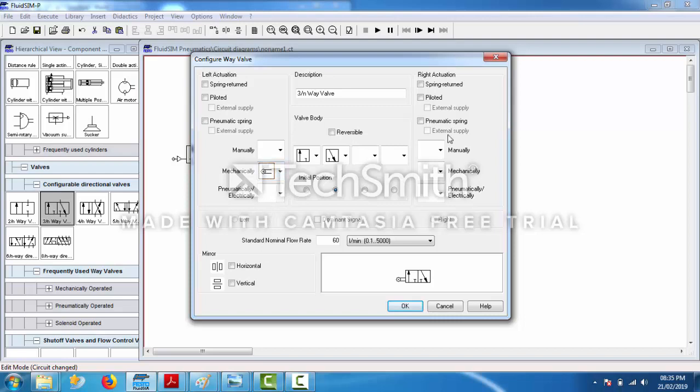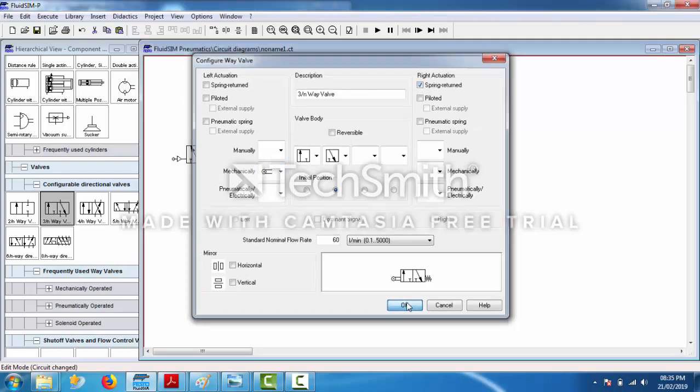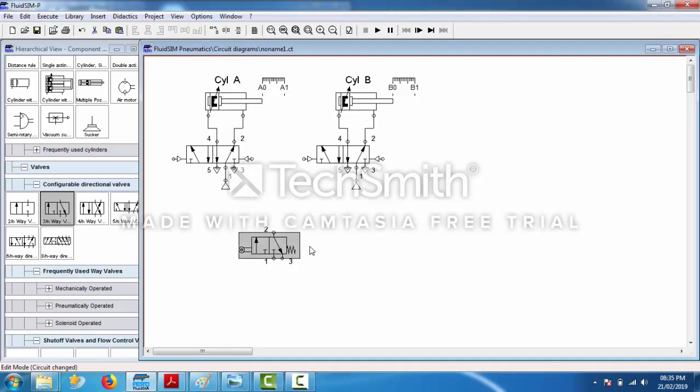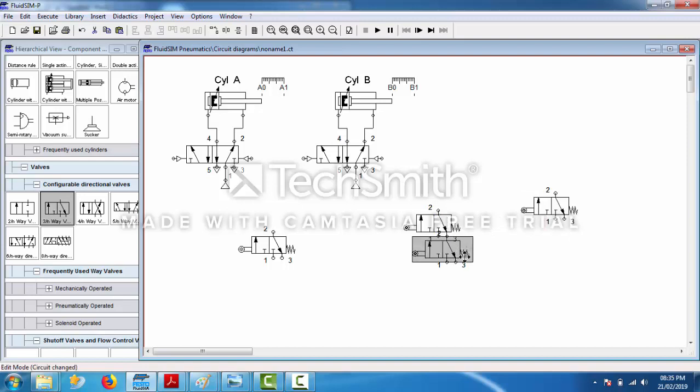Limit switch operated, spring return. Okay, and how many do we need? We need 4. So we have these 4 limit switches: A0, A1, B0, B1.